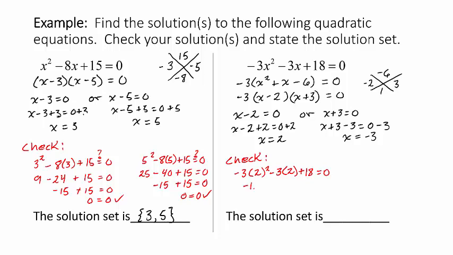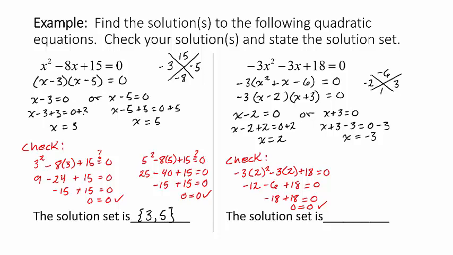That would be -12. -3 times 2 is -6 plus 18. -12 minus 6 is -18. Oops, forgot the equal 0 there. There we go. -18 plus 18 is also 0. Yay! Okay, so that one works. So we know that x equal 2 works.